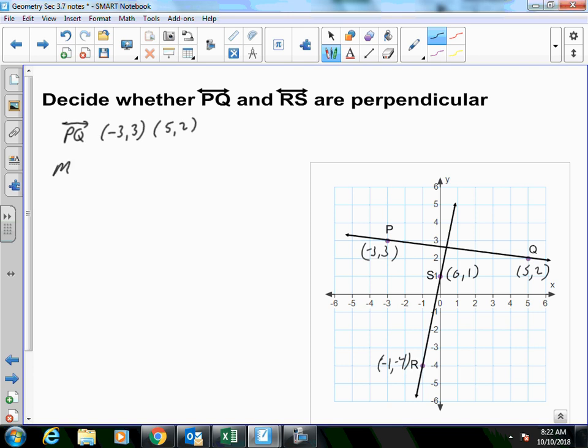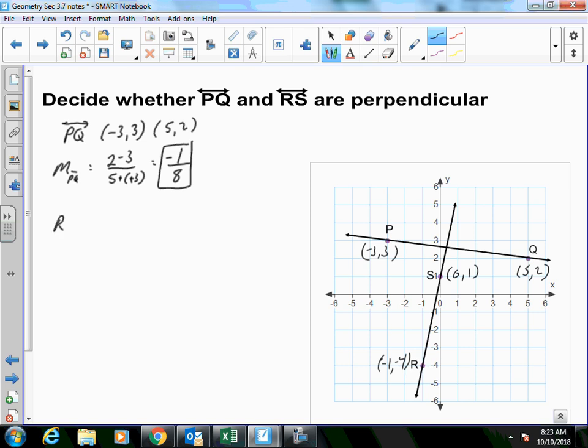So the slope of PQ is going to be 2 minus 3 over 5 minus -3, which would be -1 over double negative, so we add the 3, 8. So -1/8 is the slope of PQ.